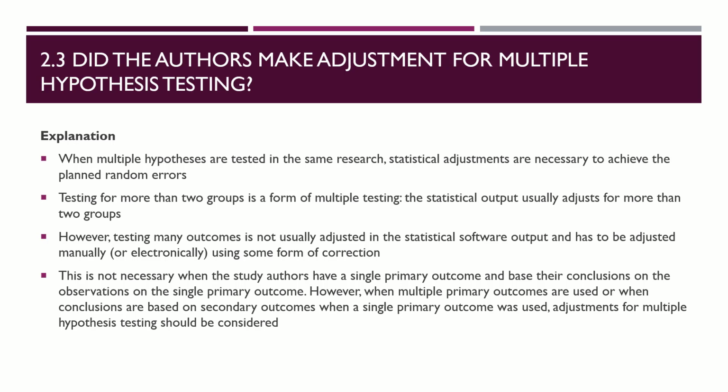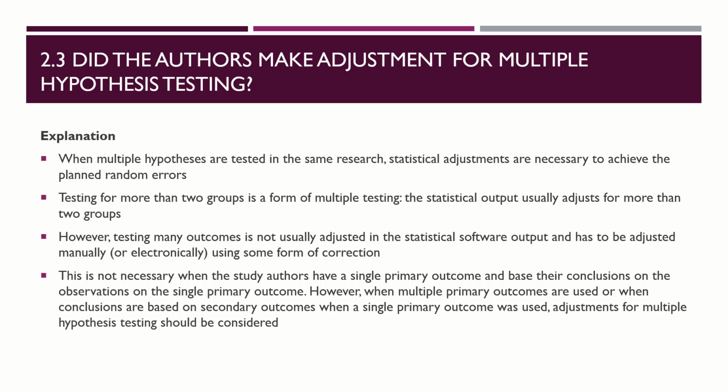Okay, testing for more than two groups is a form of multiple testing. The statistical output usually adjusts for more than two groups. However, testing many outcomes is not usually adjusted in the statistical software output and has to be adjusted manually or electronically using some form of correction.